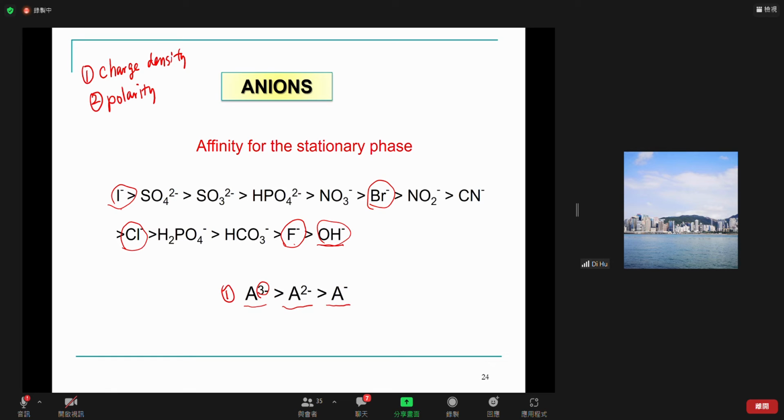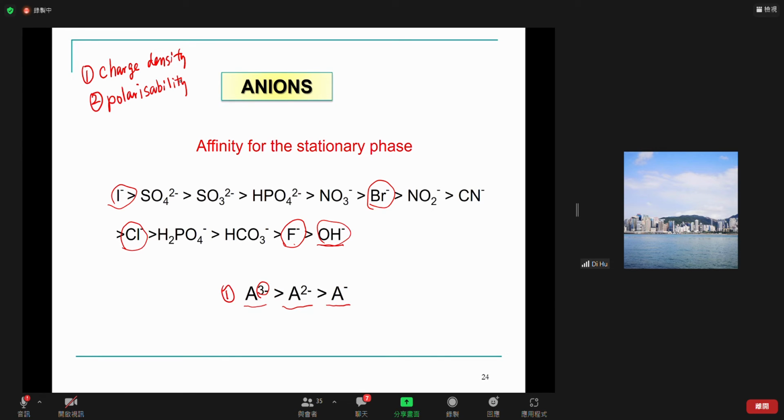Okay, so with others, we can see polarity, not really, sorry, no, polarizability, I should say. Fluoride is not really polarizable. It's not polarity, it's polarizability.